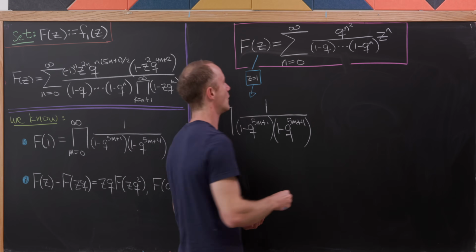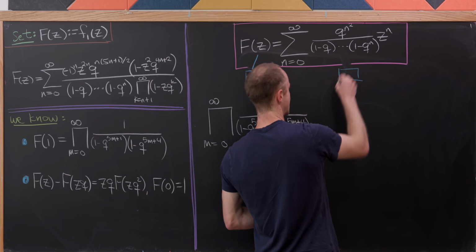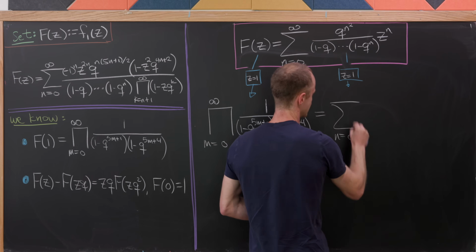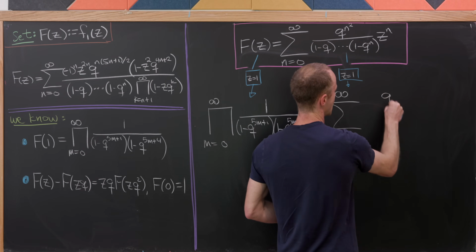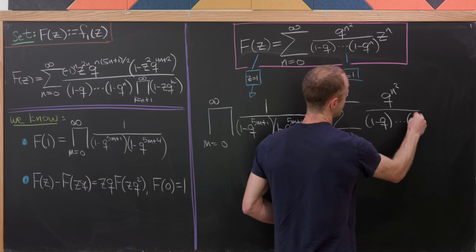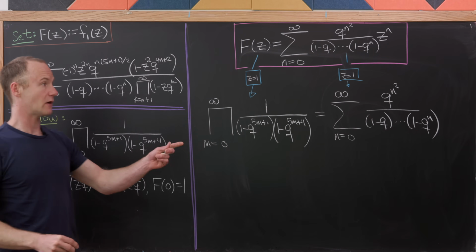Good. But now we'll do the same evaluation over here on the right-hand side of the equation. And that'll give us the sum as n goes from 0 up to infinity of q to the n squared over this product from 1 minus q all the way up to 1 minus q to the n. But now look at what we've got.